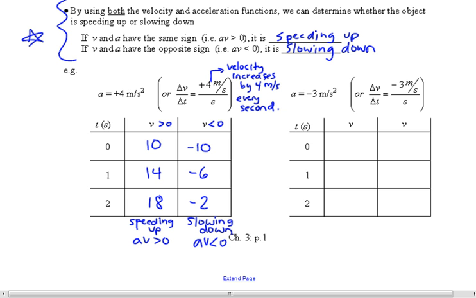Okay, again, let's do the same idea over here, starting at 10 and negative 10. So what does this guy mean? Negative 3 meters per second per second. So our velocity is decreasing by 3 meters per second every second.